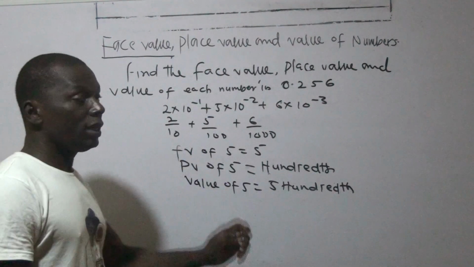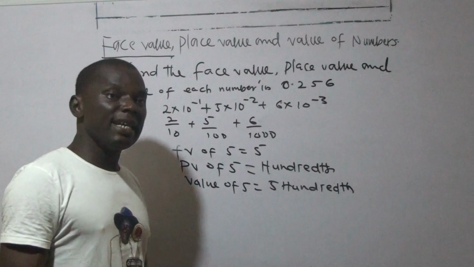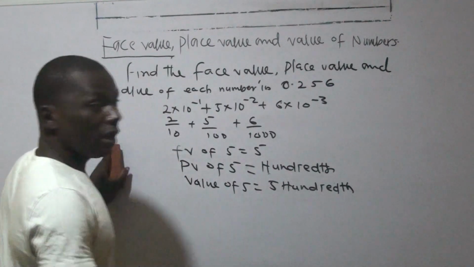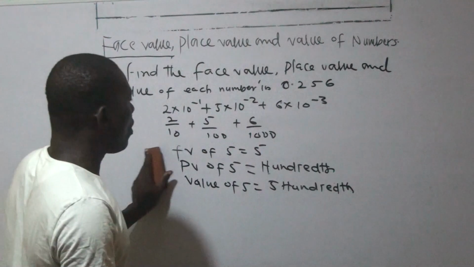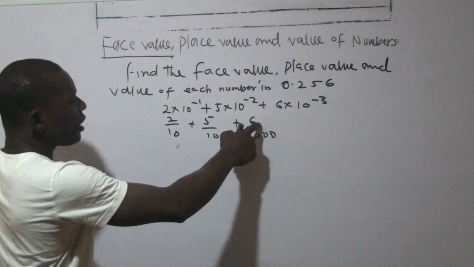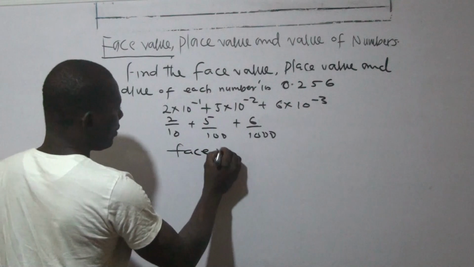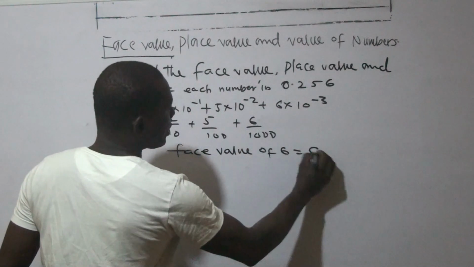The place value is the position of the number mentioned. And the value of the number is just the product of the face value and the place value. Okay? Now let's look at the one for 6. Here, the face value of 6 is 6.